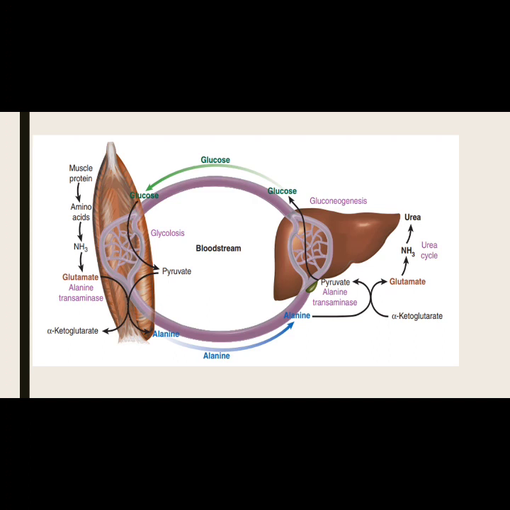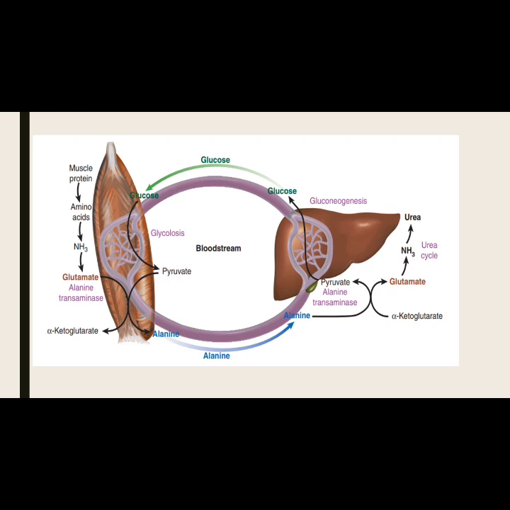So from the muscle, your alanine is formed from your pyruvate, then it goes into the bloodstream and is delivered to the liver, where it is reconverted into your pyruvate by the action of your alanine transaminase. This pyruvate is used in the synthesis of new glucose.